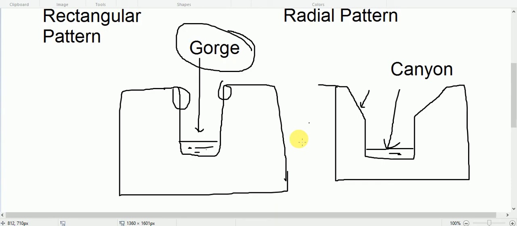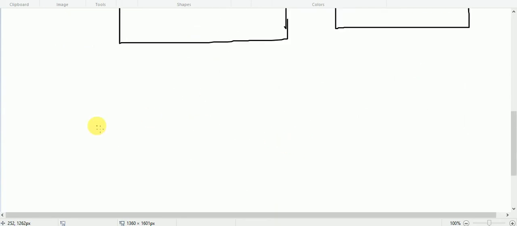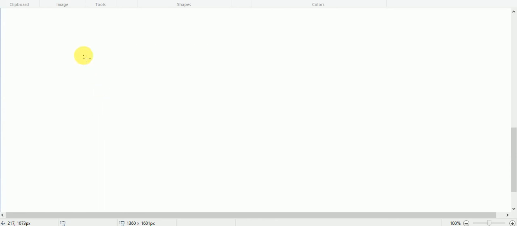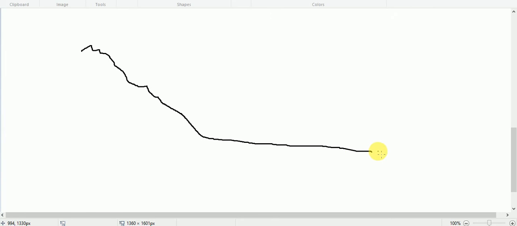See, here actually let us say this is the origin of a river, this mountain. This is the mountainous area. Then again it is a plain area. Then again here this is the terminal point of the river. Say this is the sea.